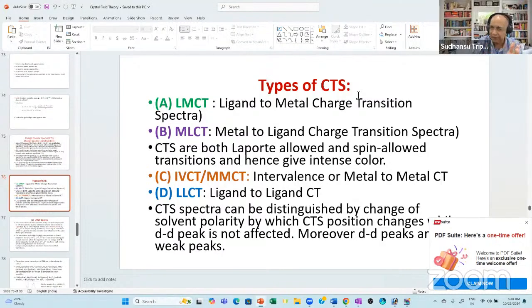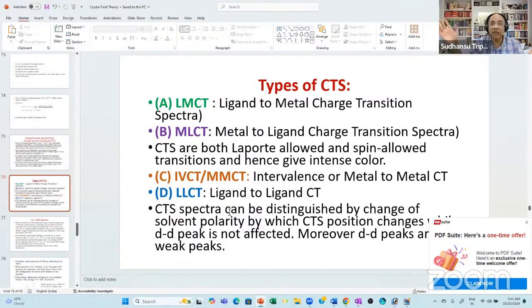But if the electron is being excited from the ligand to metal ion, or metal ion to ligand, or between metal ion to metal ion. If there are two metal ions, one outside the coordination sphere and the other inside it, and an electron is being exchanged, then that is called MMCT, metal to metal charge transfer. Sometimes it is called intervalence charge transfer.